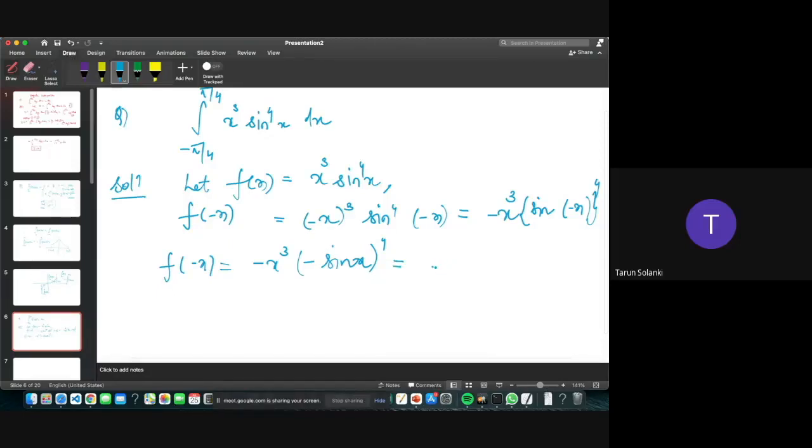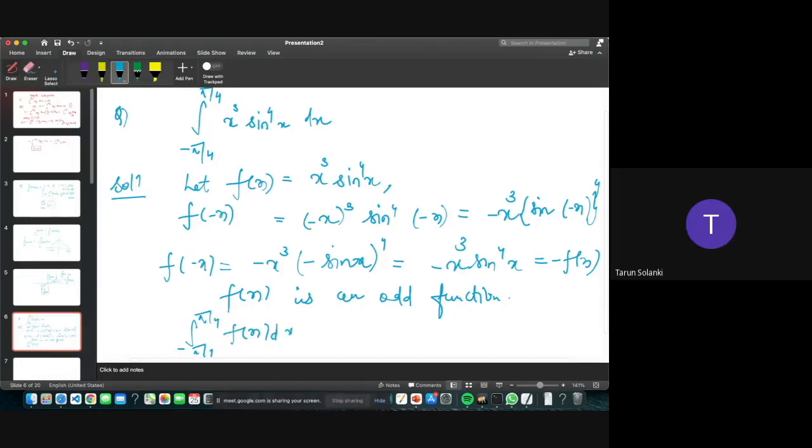So it becomes minus x cube sine to the power 4 x, which is minus of f of x. So f of x is an odd function here. So we can write the integral from minus pi by 4 to pi by 4 of f of x dx is equal to 0. Hence our answer is 0 because this is an odd function.